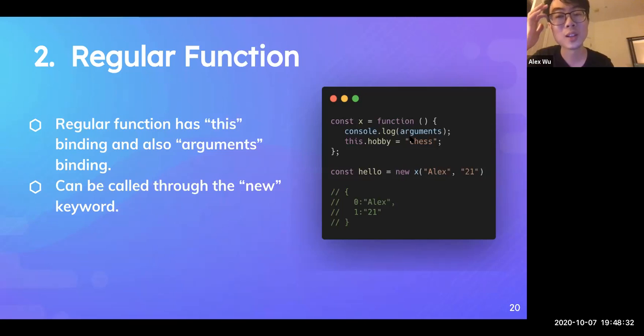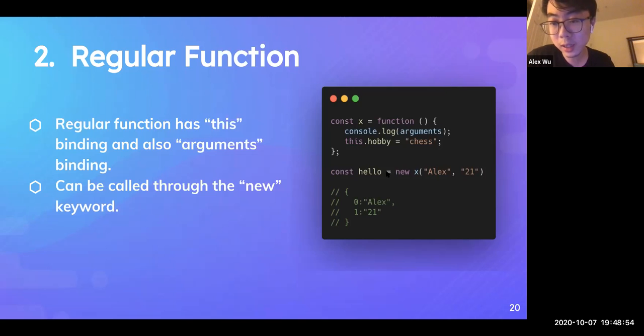This is kind of weird, but this is how JavaScript works, because JavaScript treats everything as an object, and a function is also an object. As a result, the arguments keyword is an inherent property of a regular function.